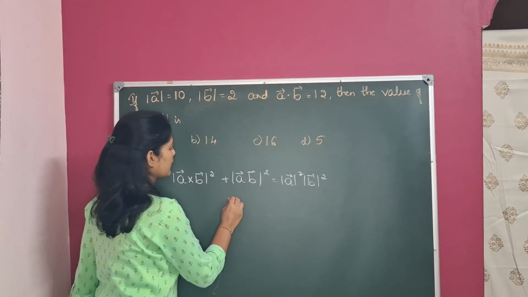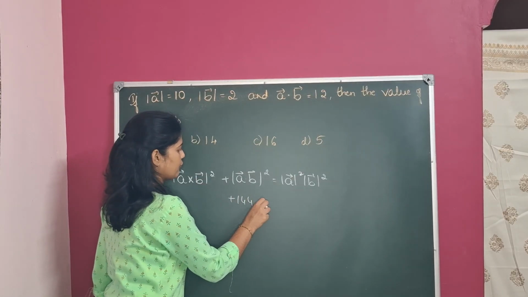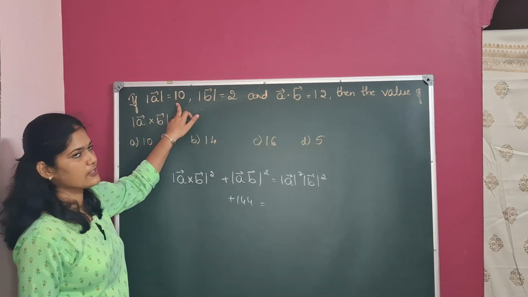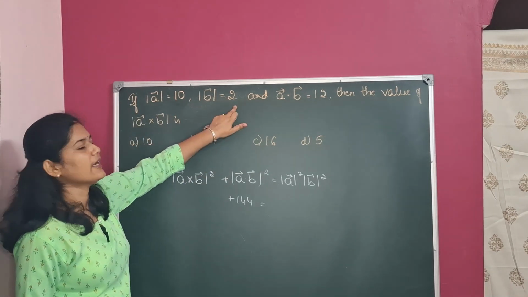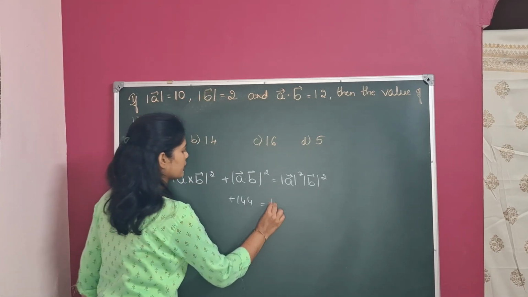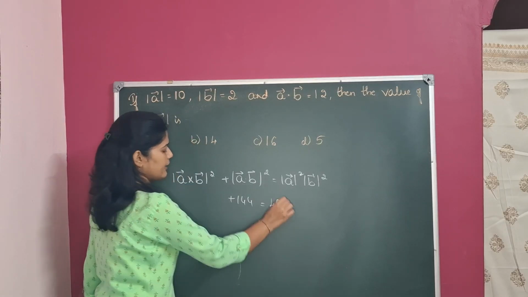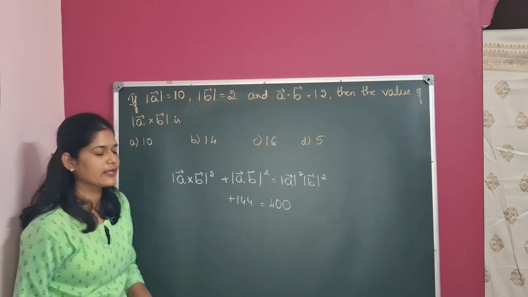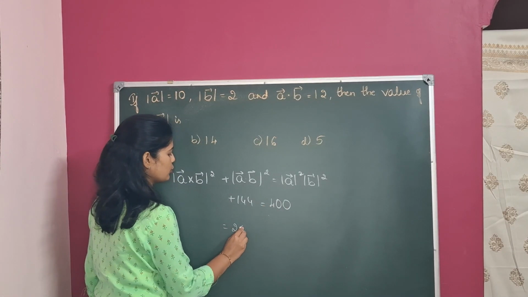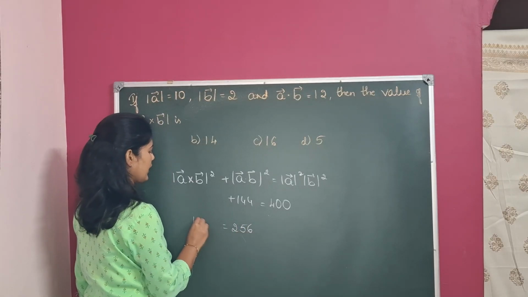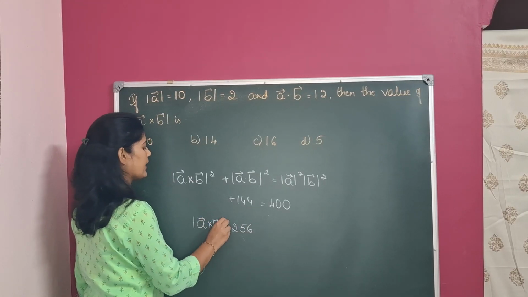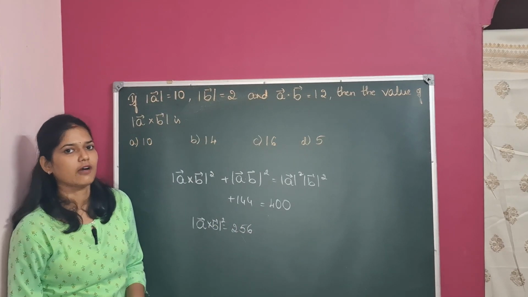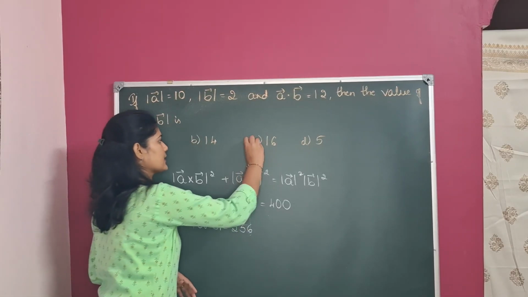So, A dot B whole square means it is 144, that is equal to magnitude of A square, 10 square, that is 100, into 2 square, 4, therefore it is 400. If we shift the term, 400 minus 144, which is 256. So, A cross B whole square is 256. Therefore, the value of magnitude of A cross B is 16.